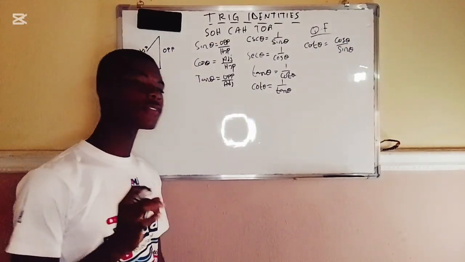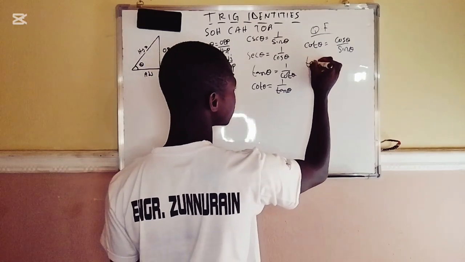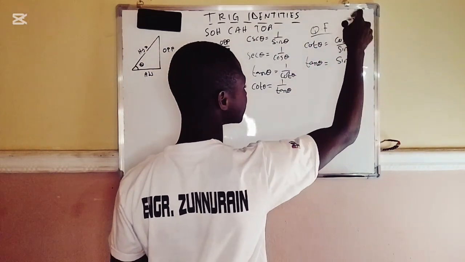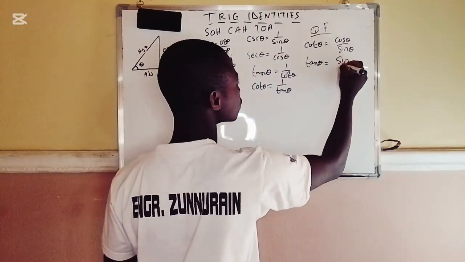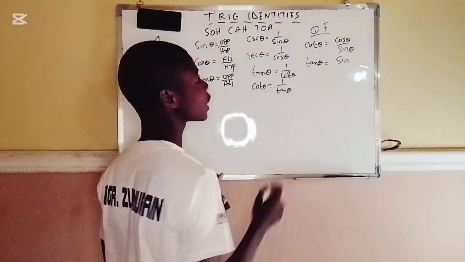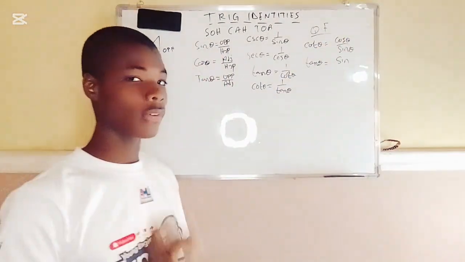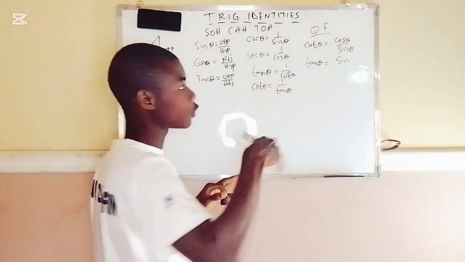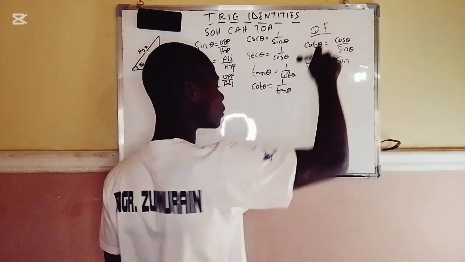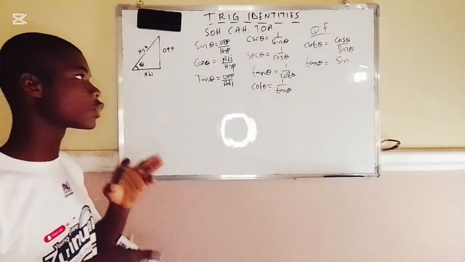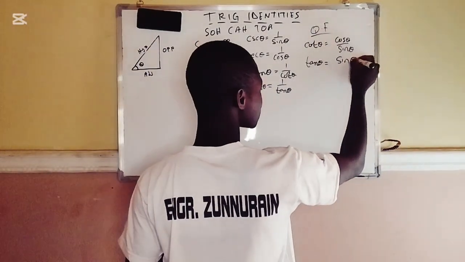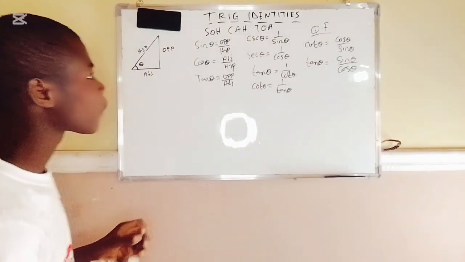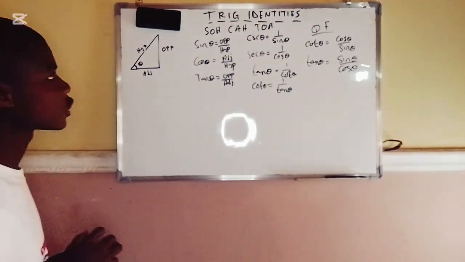And tan theta, they are reciprocal. Cot theta is cos over sin, and therefore for tan theta you are just going to change it to the reciprocal, so that the sine comes to the numerator and the cos comes to the denominator, like this: sin theta over cos theta. So these are the quotient functions.